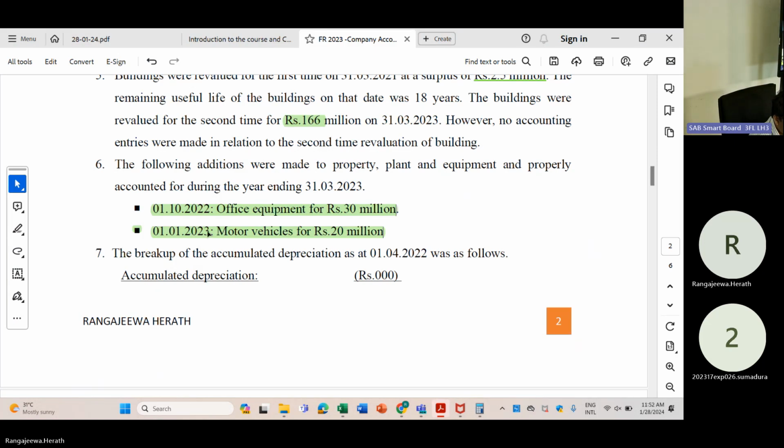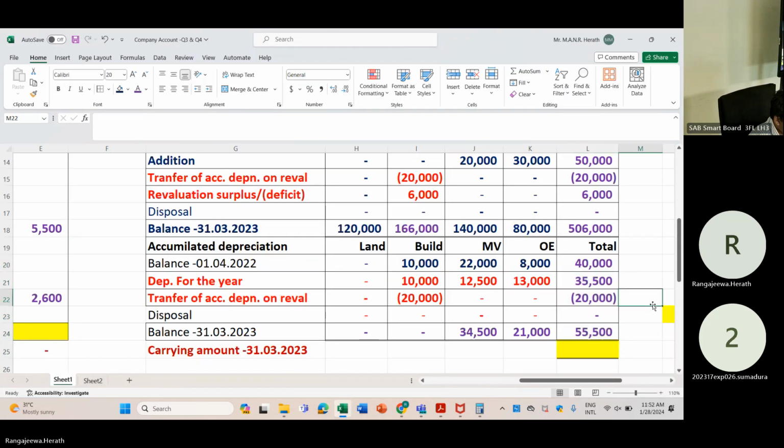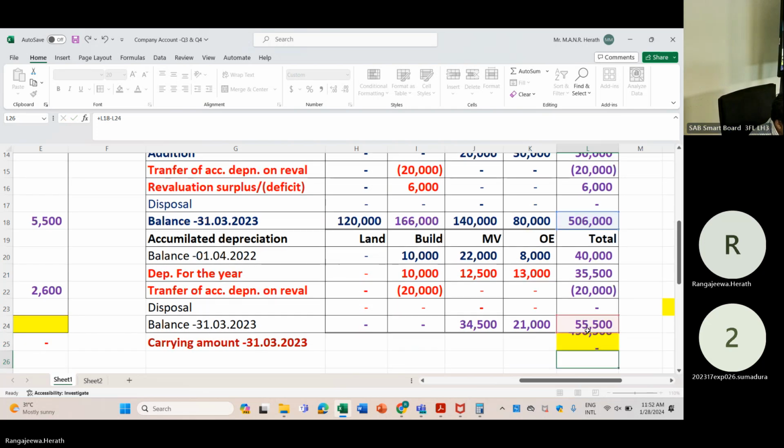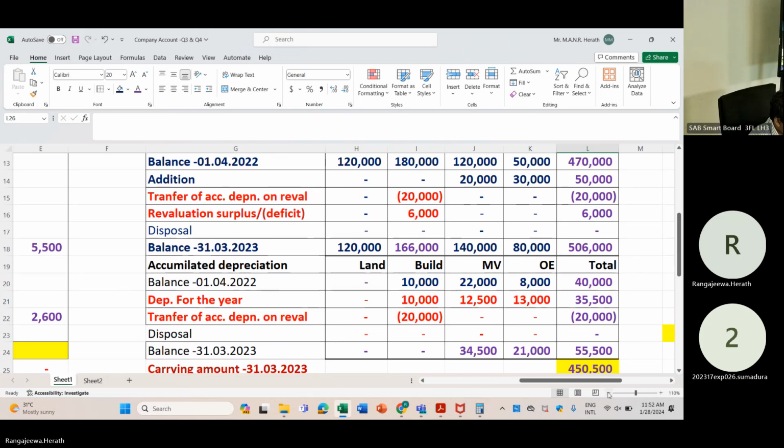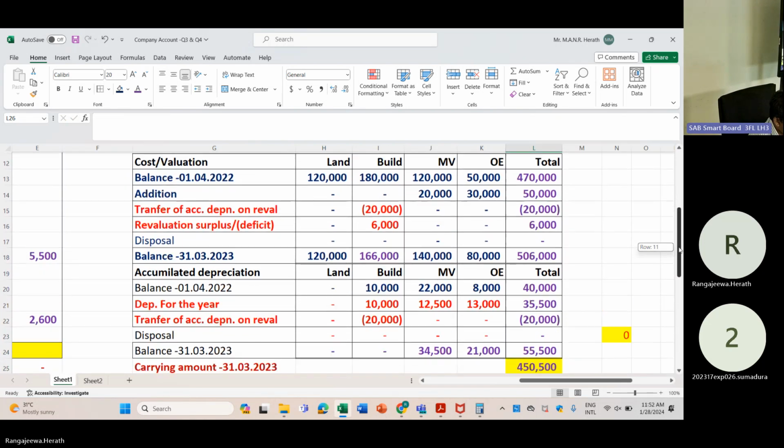Motor vehicle added on 1st January 2023. Right? Year end 31st March, only 3. So finally, the carrying amount is 506,000 minus 450,508. The final balance.